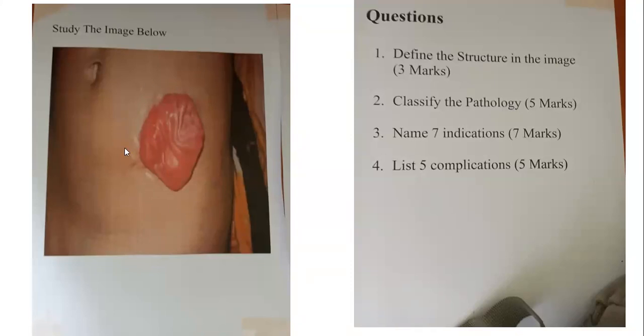Now for surgery, the part where you see a stoma tells you what stoma it is. If you see a stoma on the left part of the patient's body, particularly on the left iliac fossa, that stoma is called the sigmoid colostomy.